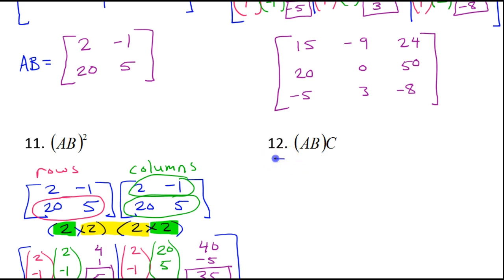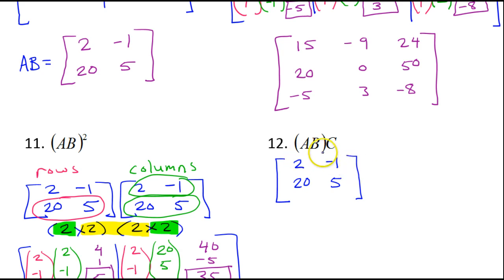So when I say matrix AB times C, I'm going to start with 2, -1, 20, and 5. Now I really hope I did not make a mistake when I calculated matrix AB, because that mistake is now going to show up in a bunch of different problems, and that would just be heartbreaking.